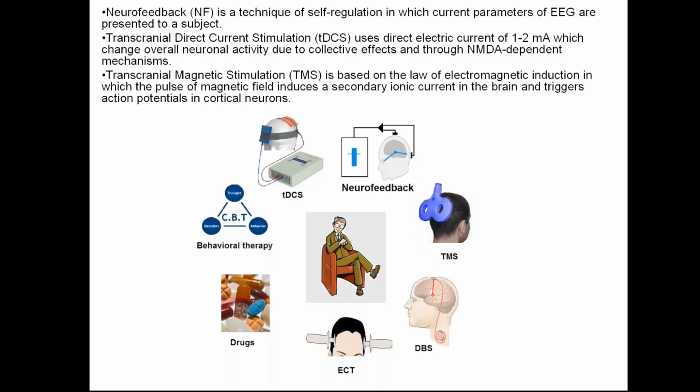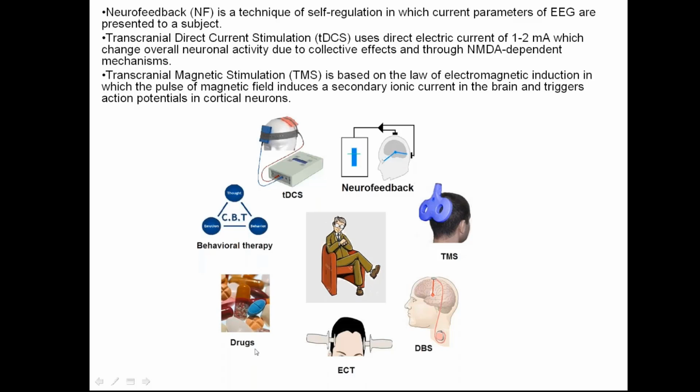Okay, so a few words about treatment options. In the 20th century, psychiatrists had the options of medication, so drugs, behavioral therapy, and electroconvulsive therapy. Those were the options that psychiatrists had in the 20th century.